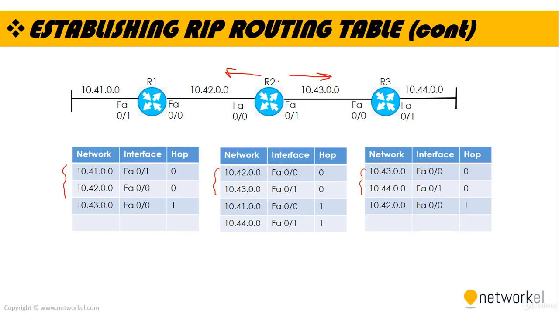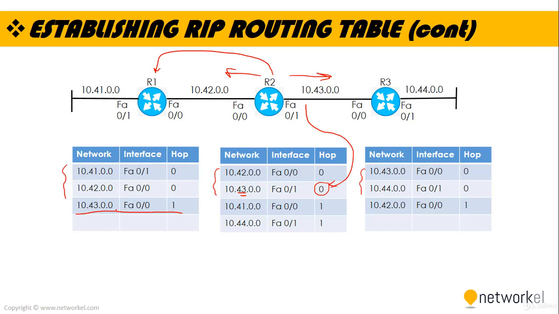For example, router 2 says to router 1, hey router 1, I have a network, 10.4.3.0, and that is directly connected to me, which means 0 as hop count. Router 1 installs this in its routing table.